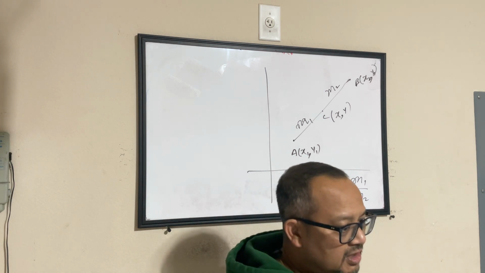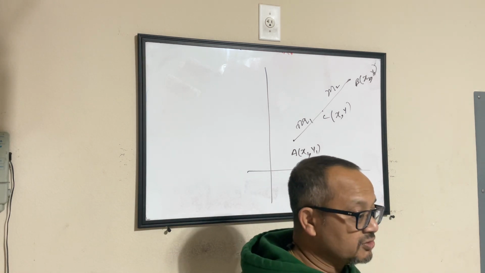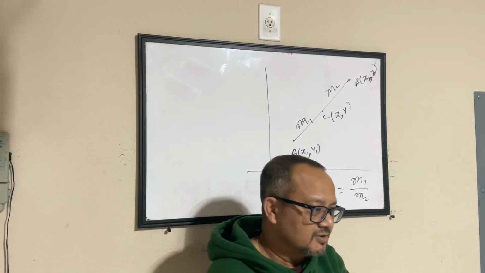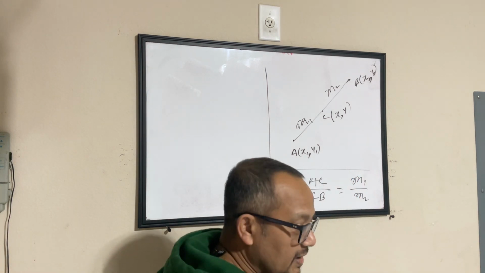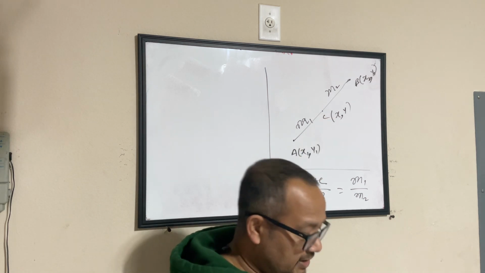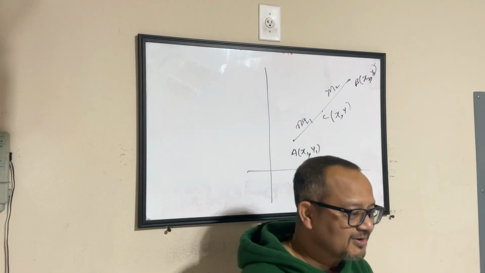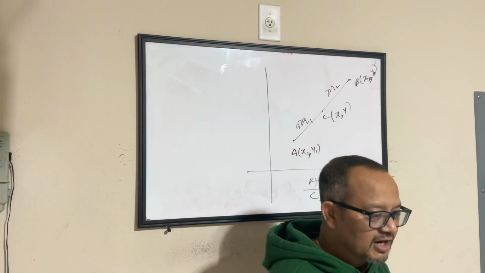Arihan, Myra, Bhuvan, everybody understands what we are trying to do? Hiranya, you are very quiet, beta. Are you with me so far?